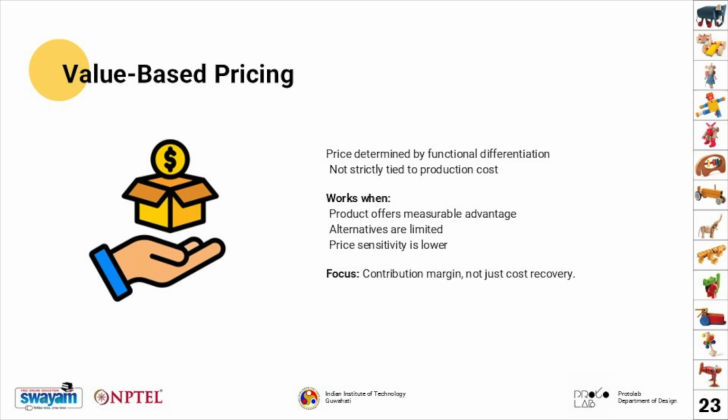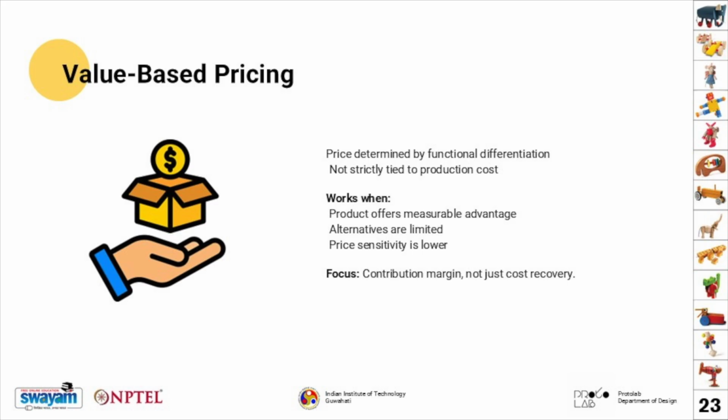If a toy delivers a clear functional distinction, for example, a specialized therapy tool that serves a specific developmental need, the pricing flexibility increases. The buyer may evaluate the product against substitutes that are not direct toys, such as therapy sessions or learning tools, which shifts price sensitivity.